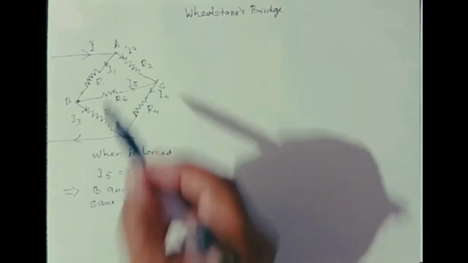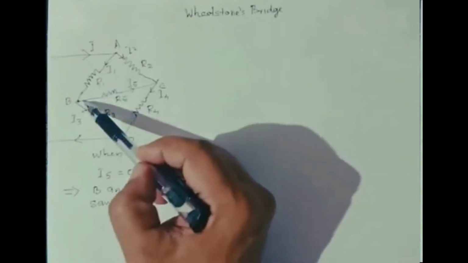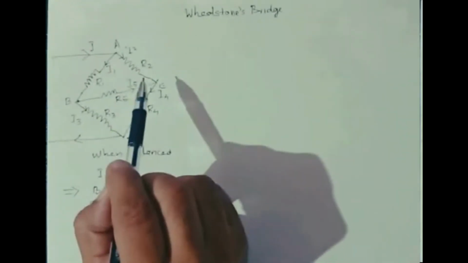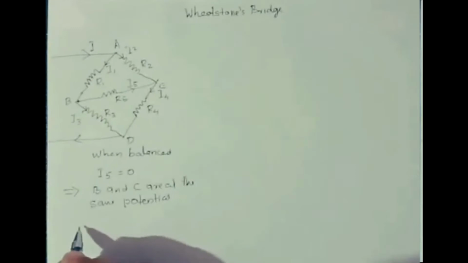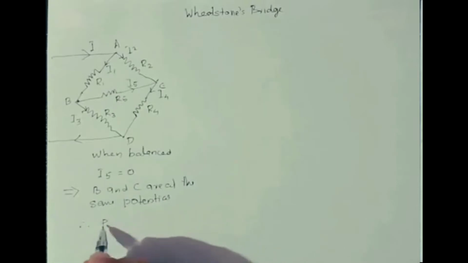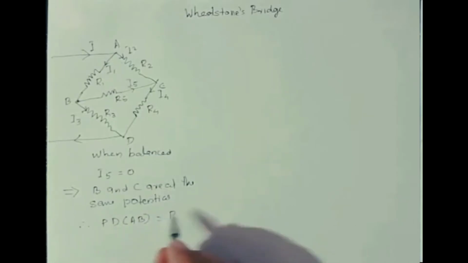That means the potential drop across R1 and across R2 must be the same. So we can say, therefore, potential drop PD across AB is equal to PD across AC.